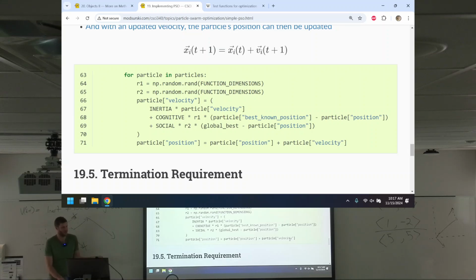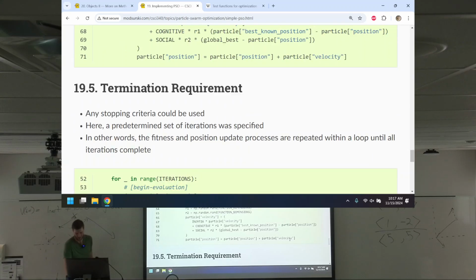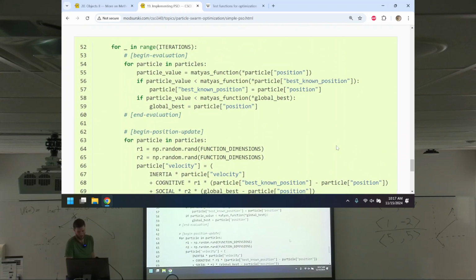Any questions about that? So how does this all go together? Well, throw it in a loop. For however many iterations, evaluate the particle's position's fitness value. If its new value is better than the best I've seen so far, update the best I've seen so far.